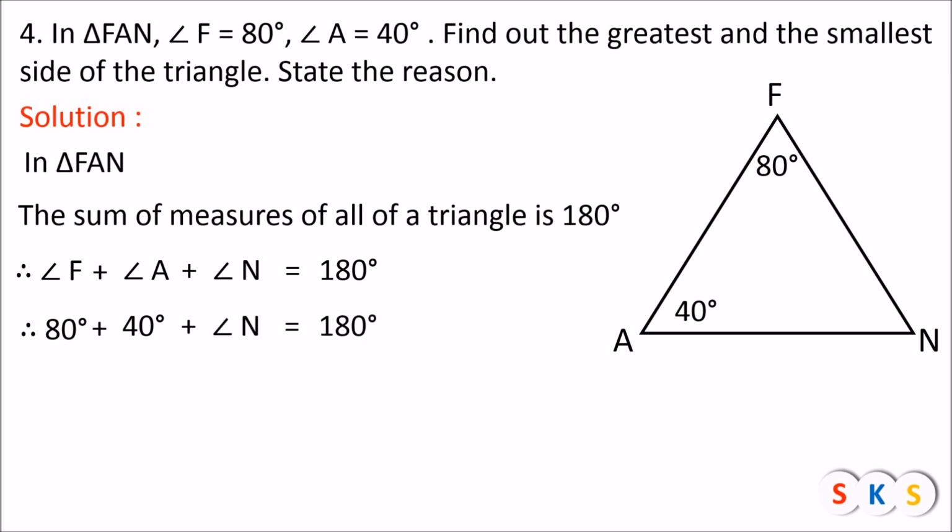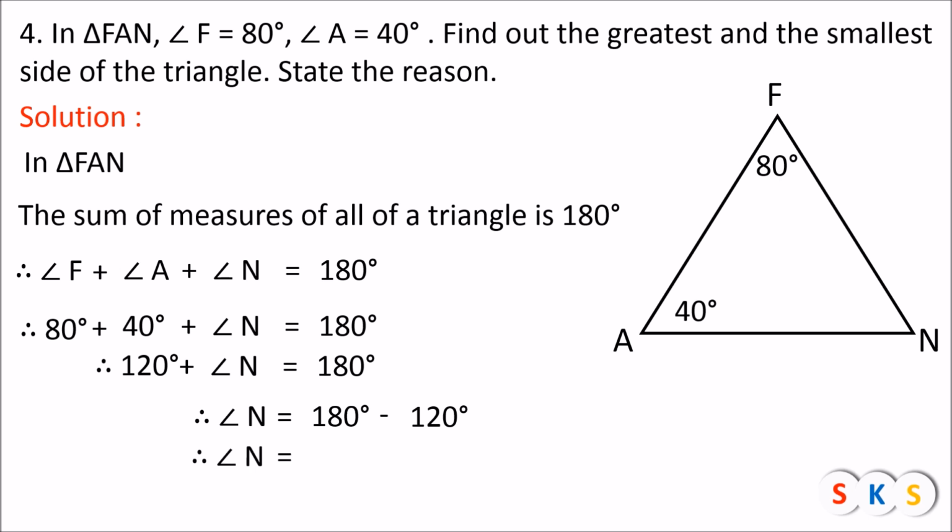Now we add 80 degrees and 40 degrees: we get 120 degrees plus angle N equals 180 degrees. Now we shift 120 degrees to that side, so angle N equals 180 minus 120. Therefore angle N equals 60 degrees. So the measure of the third angle is 60 degrees. Now we are very sure about the greatest angle and smallest angle of this triangle.